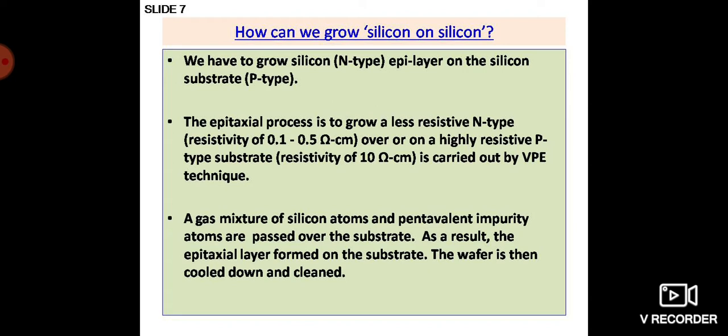So the gas mixture passed over the substrate is a mixture of silicon atoms and pentavalent impurity atoms. As a result, the epitaxial layer will be grown on the substrate surface. The wafer is then cooled down and cleaned, and it is ready for further processing in the IC fabrication process.